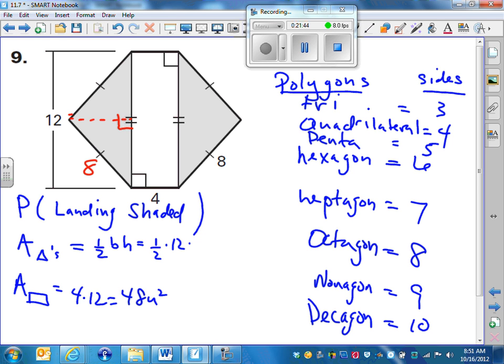Not necessarily. Okay, we can't assume that. All right. But there is a theorem that we could use to find that height that's not given. Okay, and how can we go about doing that?